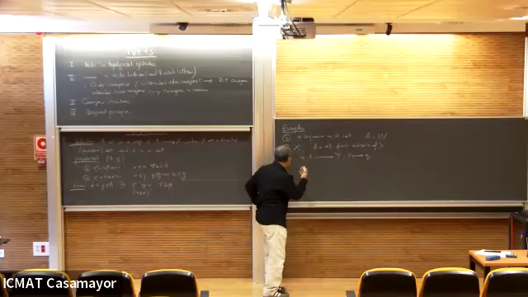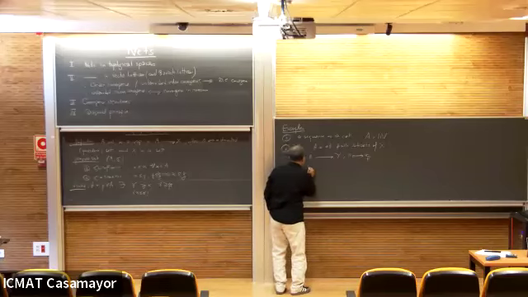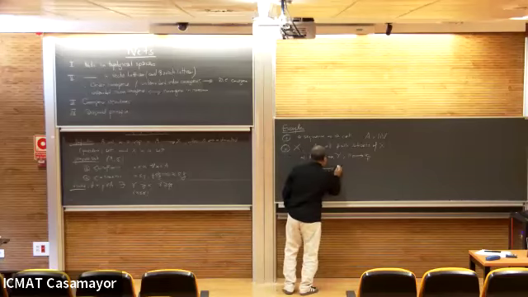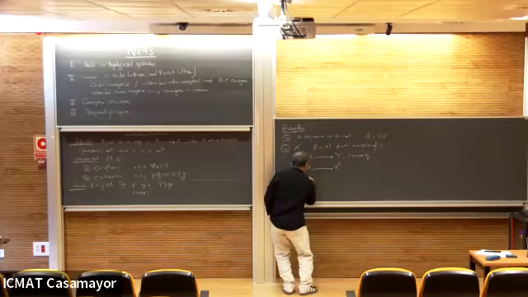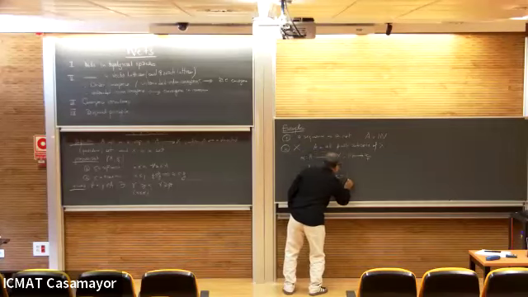For example, I will take a function from A to R^X, for every F, I will take x_F, the indicator function.